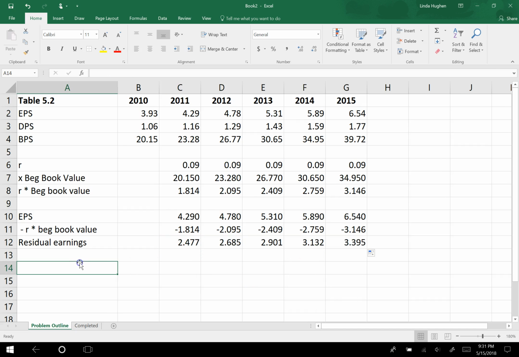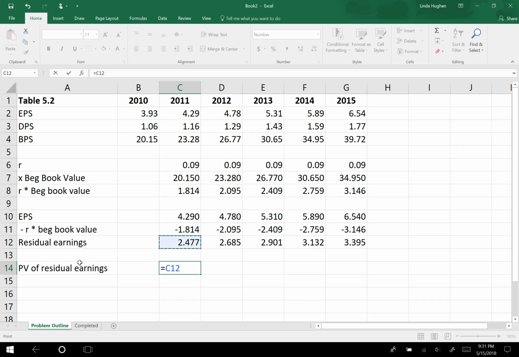All right, now I have my residual earnings per share for each year 2011 through 2015. This is the non-constant growth period. Next thing I need to do is find the present value of each one of these residual earnings. In order to do this, I'm going to take the residual earnings and divide by 1.09, our required return.